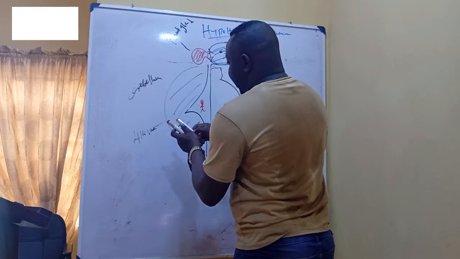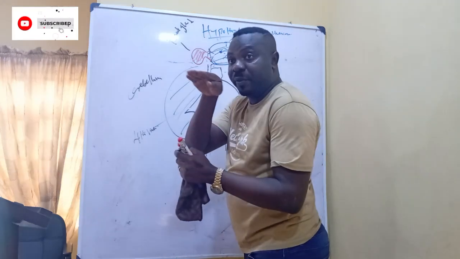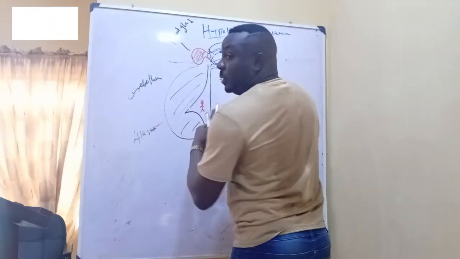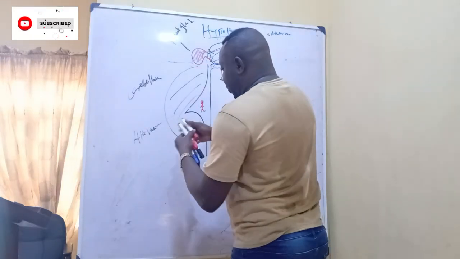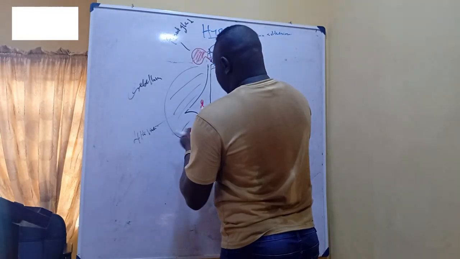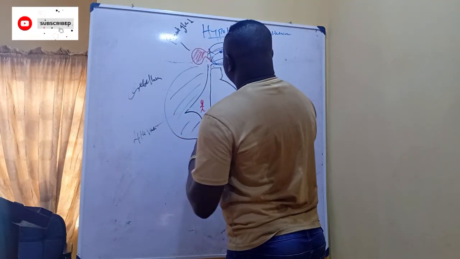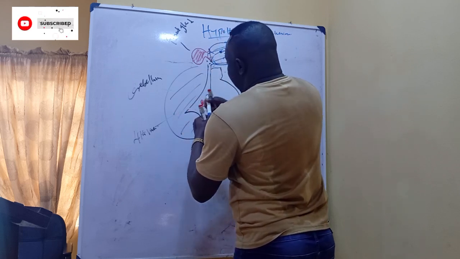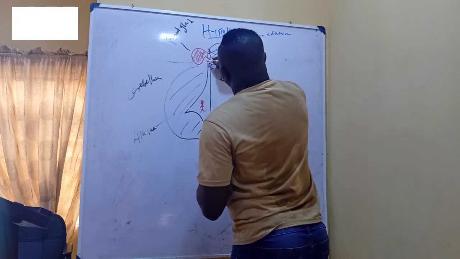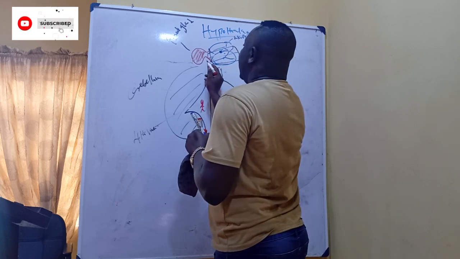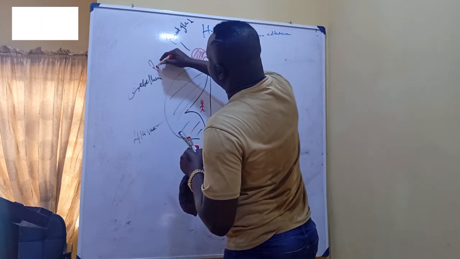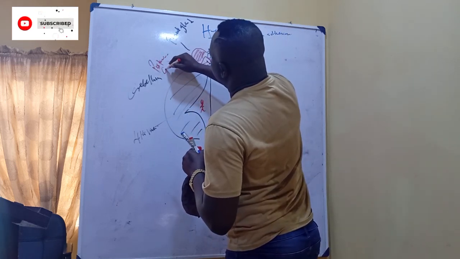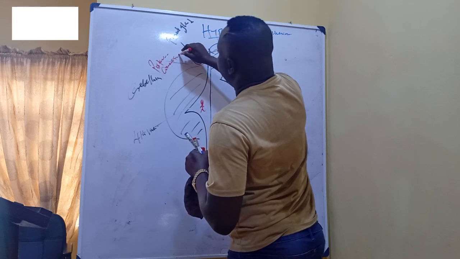Just on top of the midbrain, we have the pretectal nucleus. And there's a connection between them. That connection is called the posterior commissure, right?